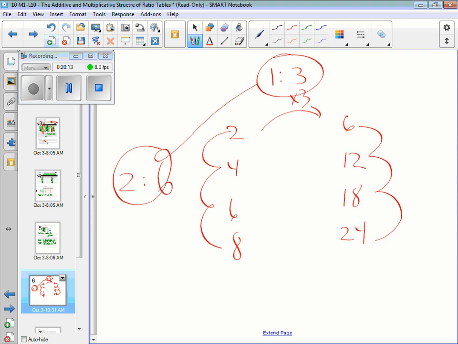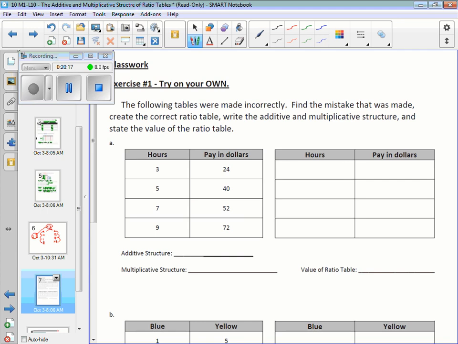Okay? Here's what we need to do. We're going to do this one together. What page is this? 6. Okay. One of these values in this ratio table is incorrect. Can you find the incorrect value?